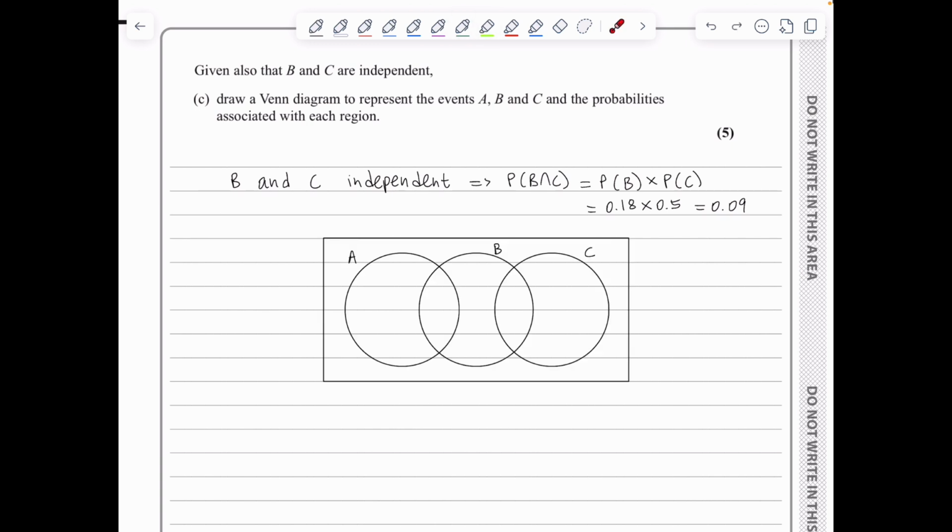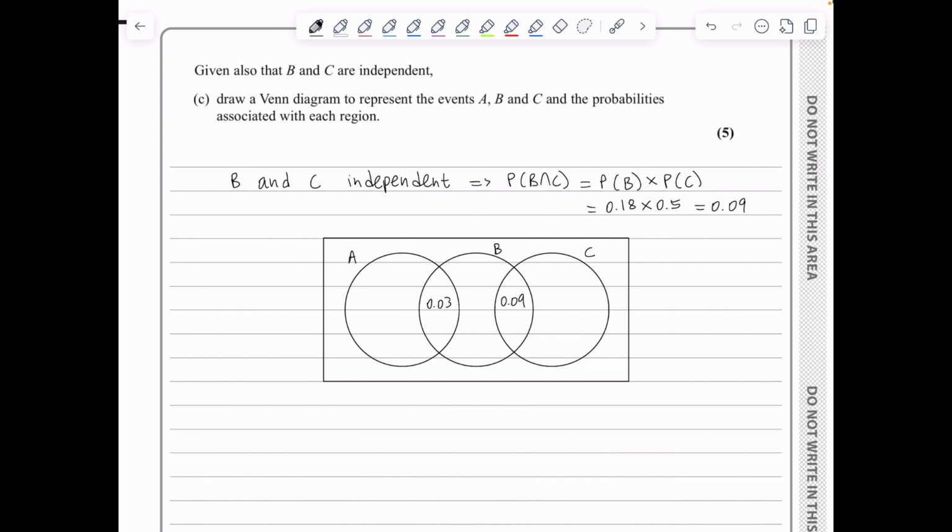A and C are disjoint circles because A and C are mutually exclusive events. We have already established that A intersection B is 0.03 and B intersection C here is 0.09.